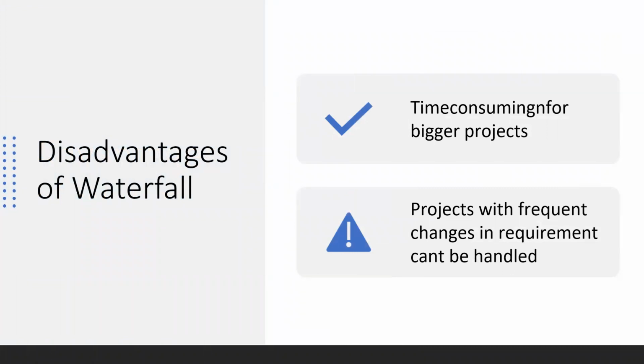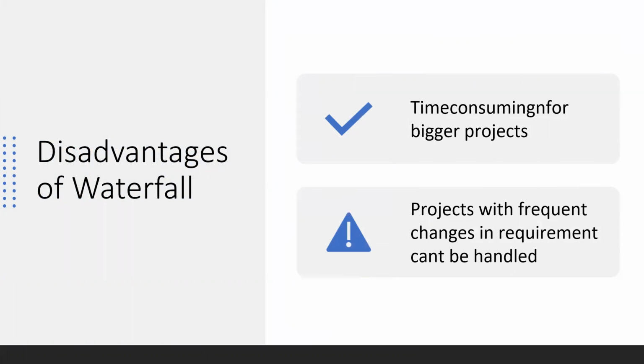For a very simple project with no changes, this is fine. I can freeze my requirement, and after freezing, I can design, freeze the design document, then code, freeze my coding, test, and then I can release and maintain.